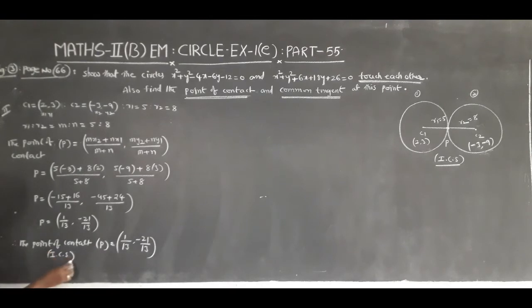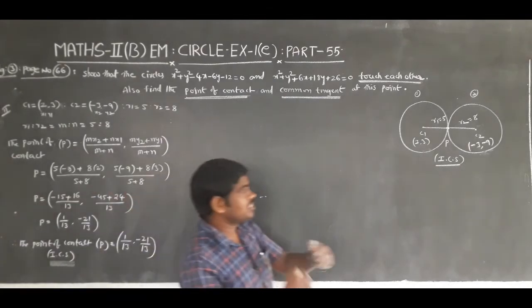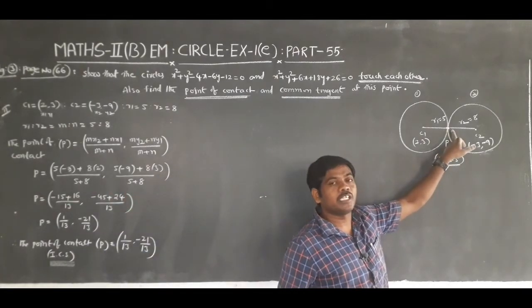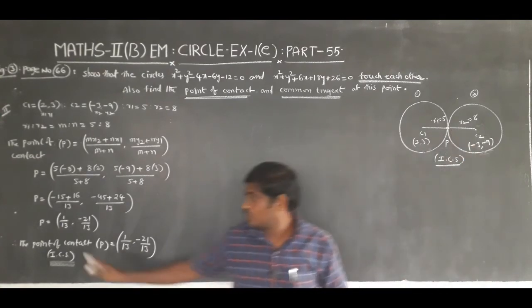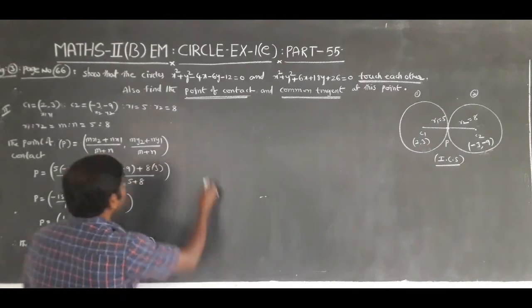This is also the internal center of similitude. If two circles touch each other externally, the point of contact is called the internal center of similitude. This is the second part.